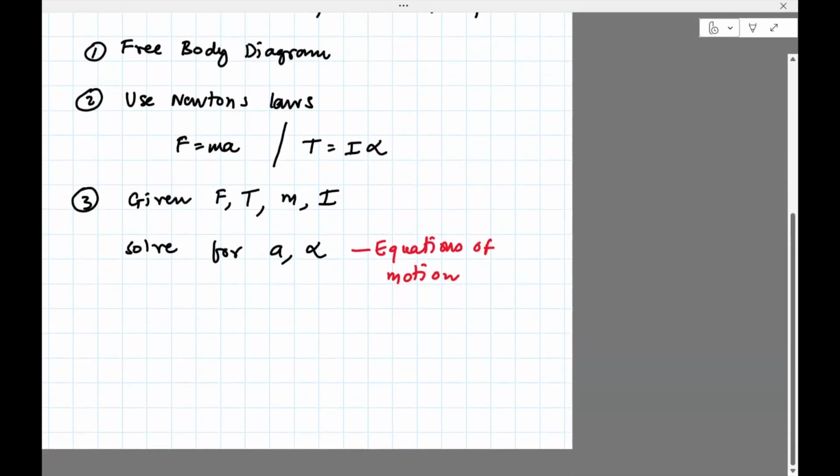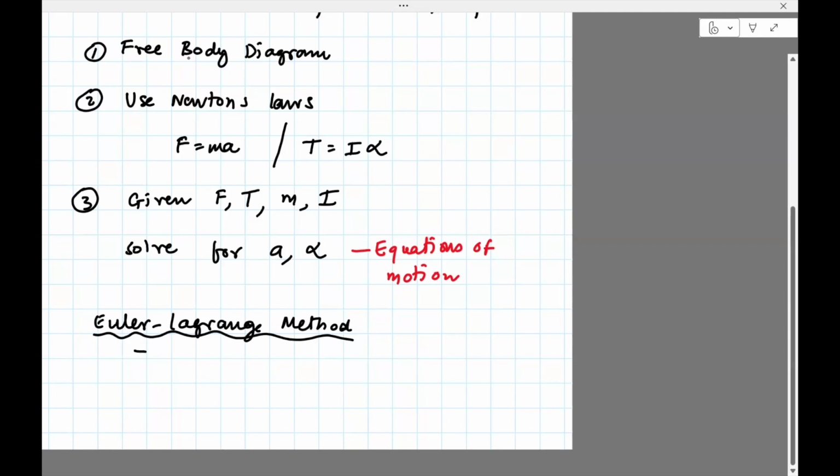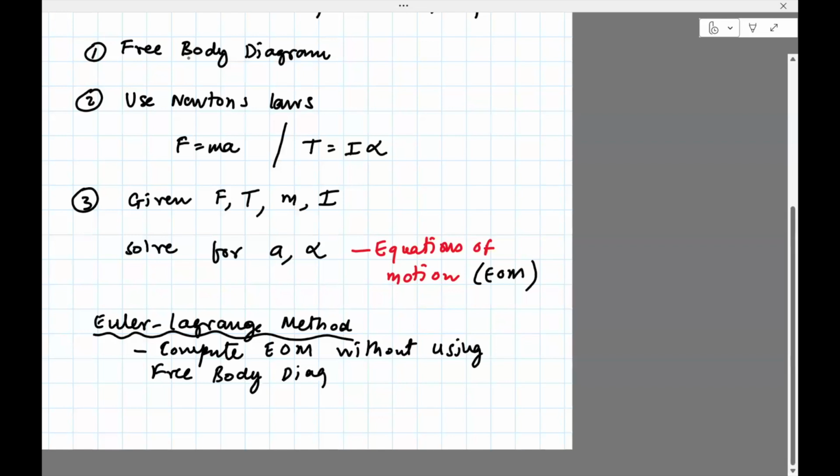But now I'm going to show you a method called the Euler-Lagrange method, which gives you a way to compute equations of motion, let me abbreviate it as EOM, without using a free body diagram.